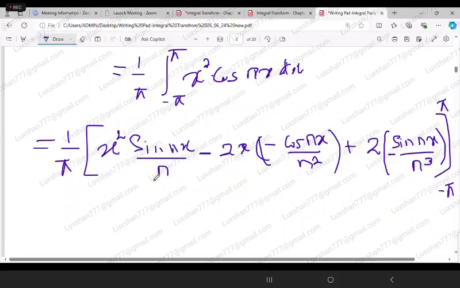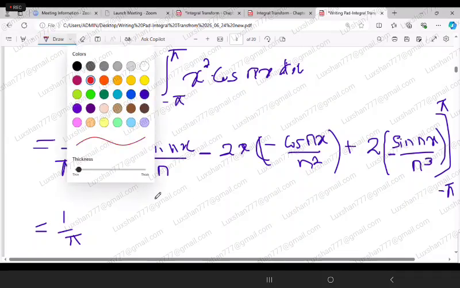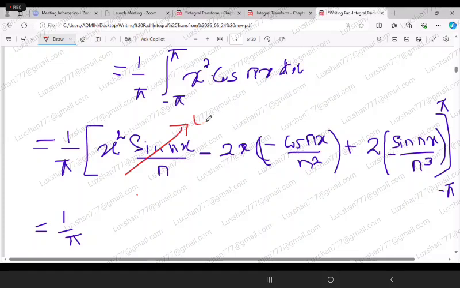So what is this? Can anybody tell me what is the answer of this one? It's equal to 1 over pi into, if you put x equal pi, x equal minus pi, in all cases this becomes 0, because sine n pi is equal to 0.